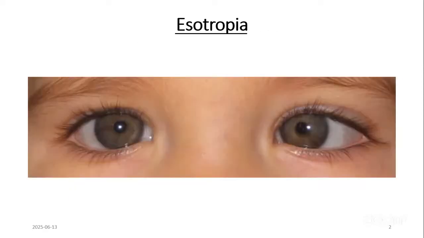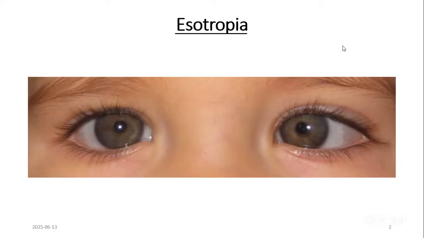Could anyone help me: if I want to classify esotropia, how can we classify it? It is divided into accommodative and non-accommodative. In accommodative, it is refractive and non-refractive. In refractive, we have refractive accommodative and partially accommodative.